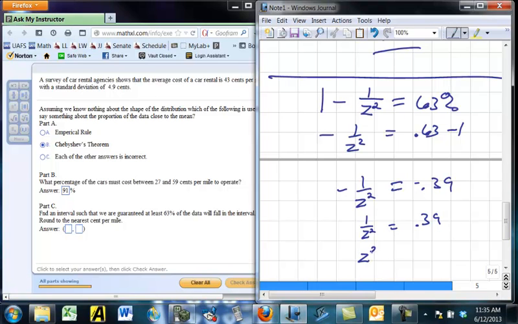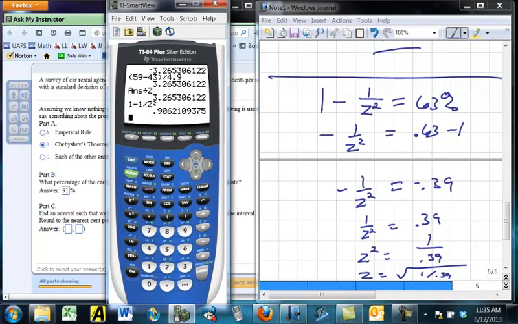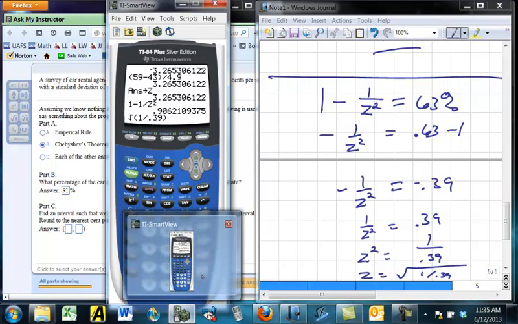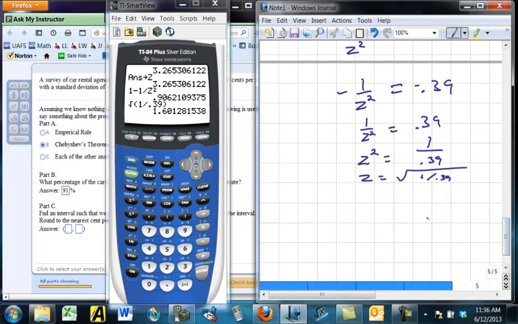Reciprocal both sides, z squared is 1 over 0.39. So z is the square root of 1 over 0.39. I can do that in my calculator. The square root of 1 divided by 0.39. And that gives me a value here. That's my z, 1.6012815538.